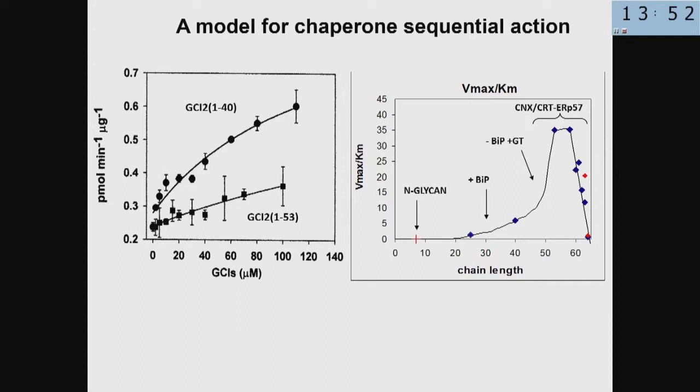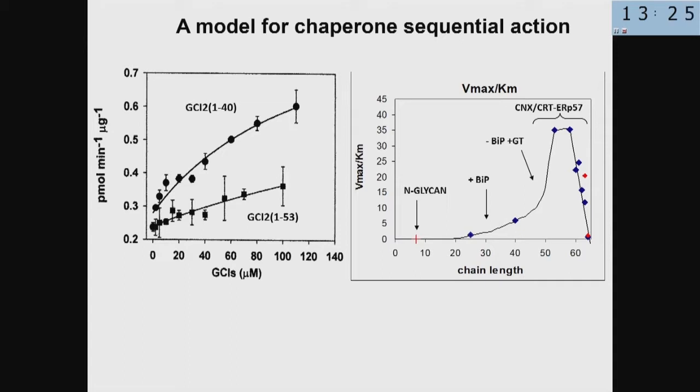And you see the fragment that has 40 amino acids is a more potent stimulator of the ATPase activity than the molten globule fragment. This is because the sequence recognized by BiP has to be in an extended conformation.